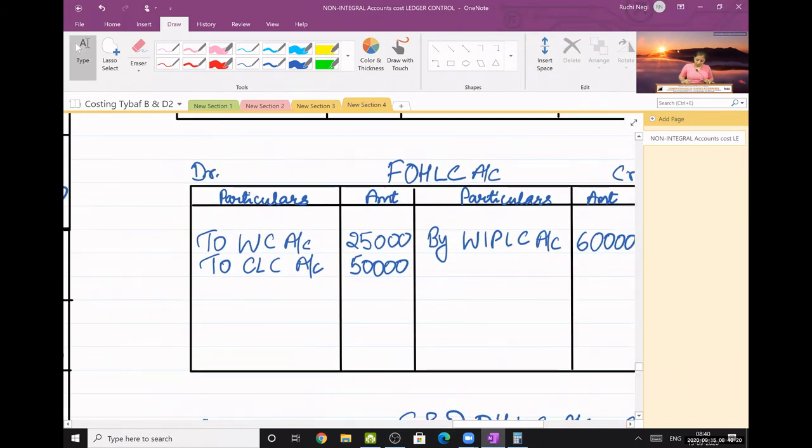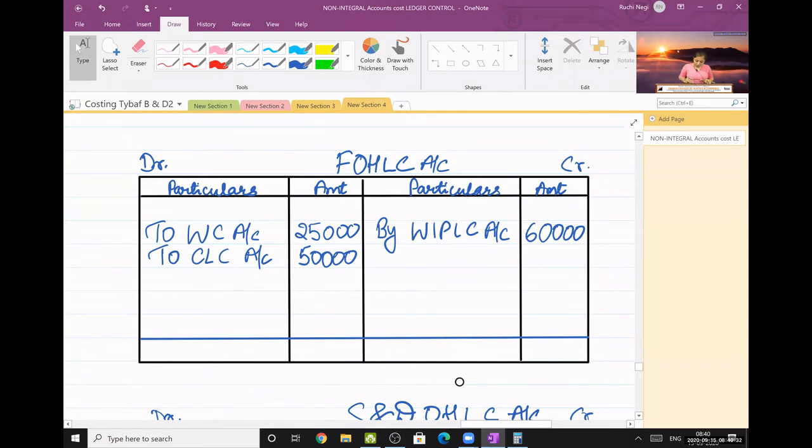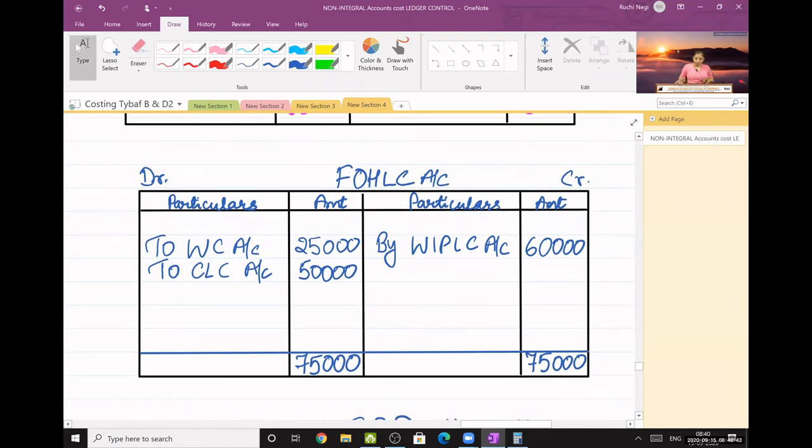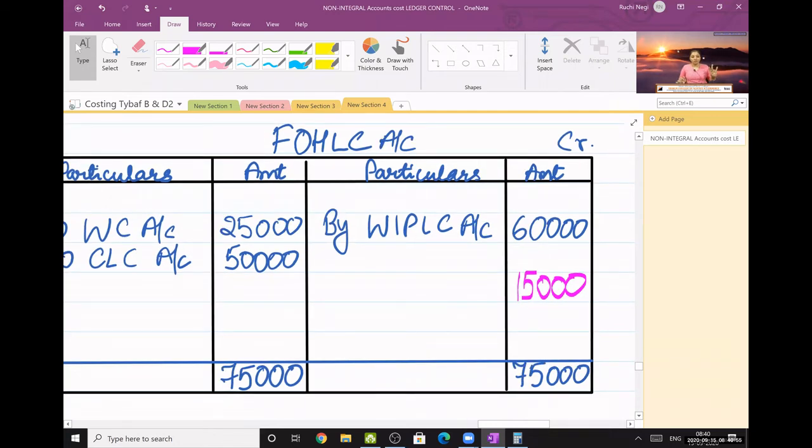FOH. Okay, FOH. So this is 75,000. So right here, 75,000. And you're getting a balance of minus 60, that is 15,000 ka balance. Okay, yeah, 15,000 balance. So क्वेश्चन में क्या बोला है, पे करो, चार्ज करो, बट एब्जॉर्ब मत करो, बिकॉज दे आर ट्रीटिंग इट एज अ नॉन पीरियड कॉस्ट. तो इसका क्या होगा, I will take it as a closing balance.